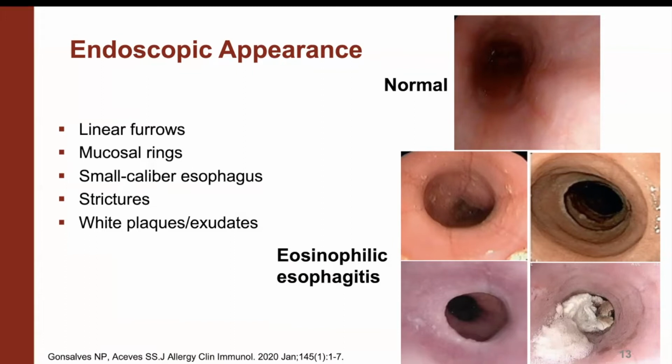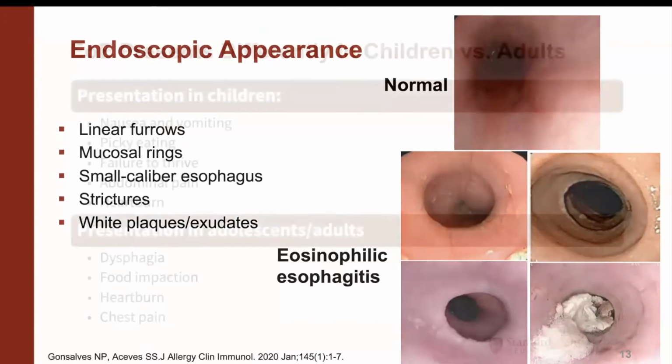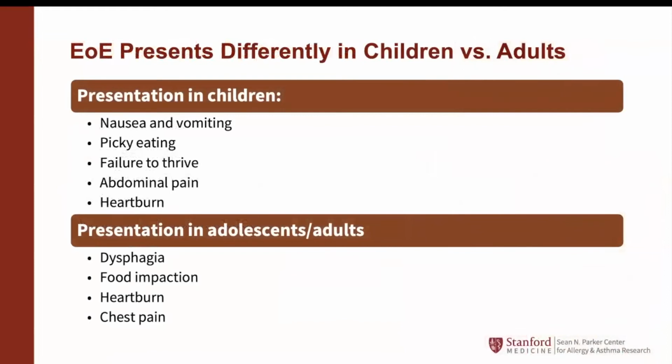And then you can see here on the lower right-hand side that there can be plaques or exudates as well that are present. And we can kind of compare these four pictures on the lower right-hand side to the normal esophagus on the top. And again, these changes and symptoms don't occur in everyone, but I just wanted to give some examples of what can happen chronically with EOE in some of our patients.